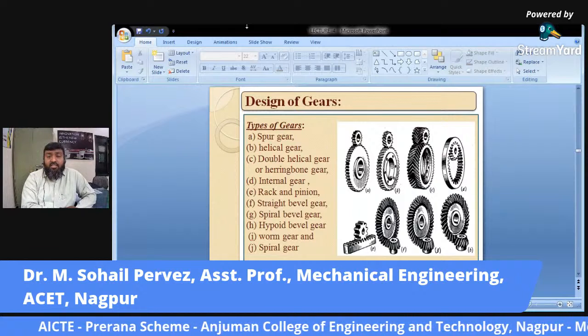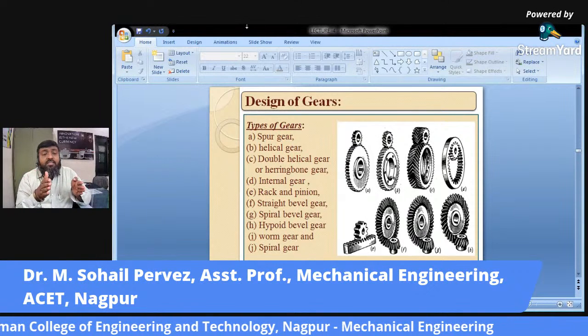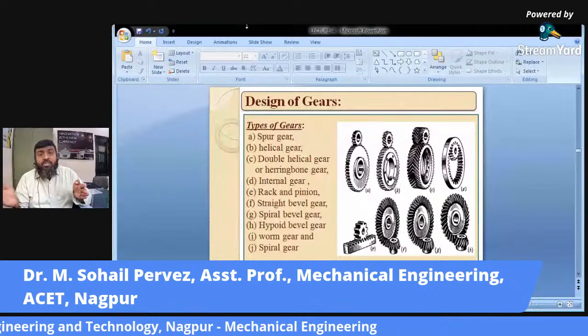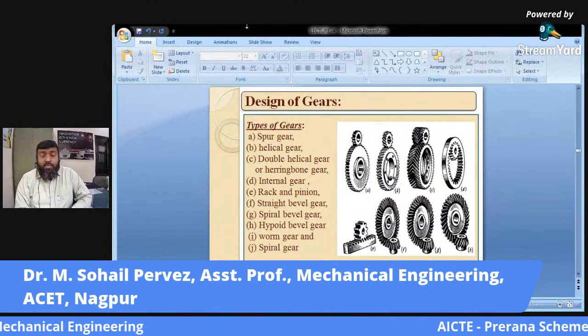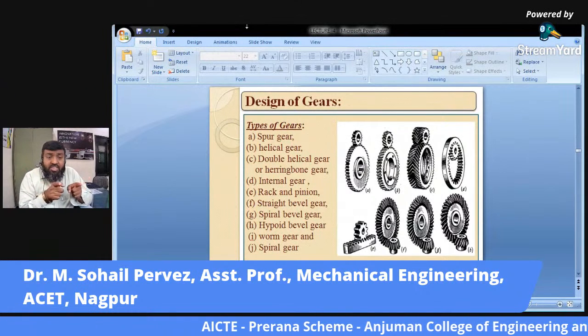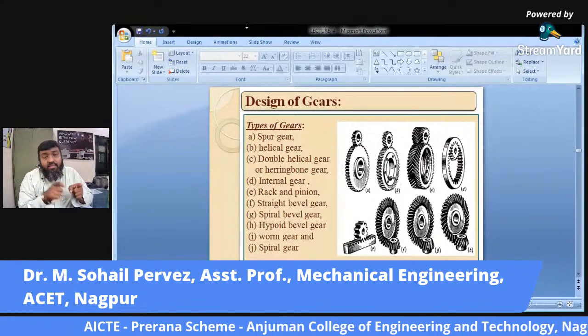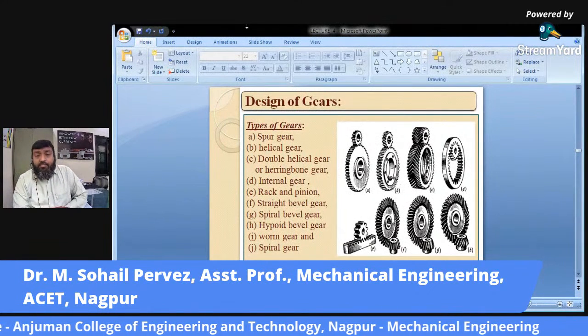Now these gears are used where the center distance between the shafts is less as compared to belt drives and chain drives. Please mind this well: where the center distance between the two transmitting shafts is less, then we use gears as the transmitting element.